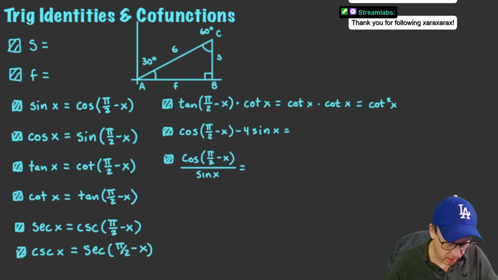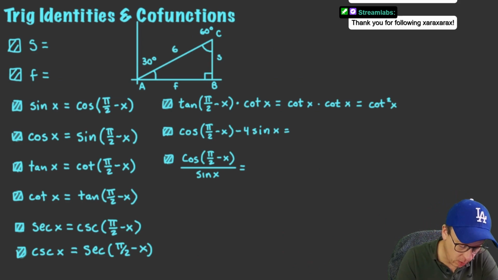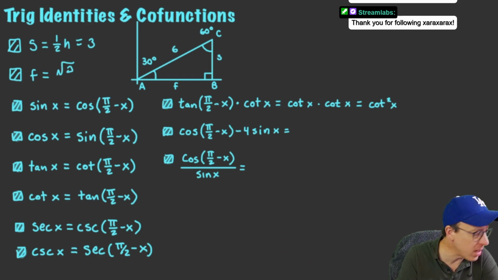All right. So let's just plug that triangle in here and figure these guys out. In this circumstance, s is going to be equal to 1/2 h, which is going to be equal to 3, and f is going to end up being equal to the square root of 3. Is that legible as a 3? Not really. Let's get rid of it and redraw it. 3.